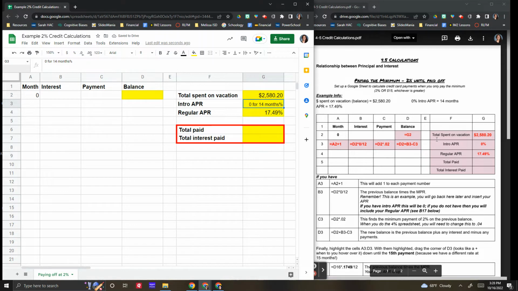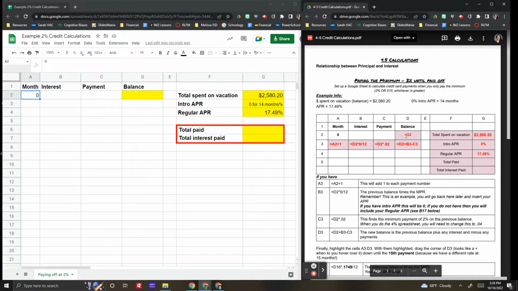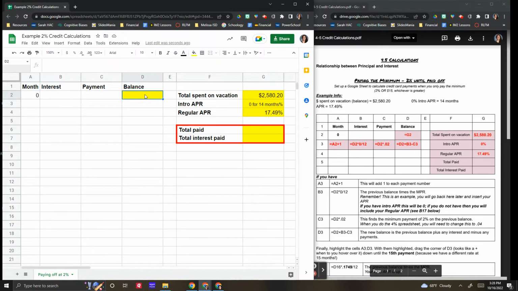As I look at that, I'm guiding along here. First off, we need to go into cell D2, this yellow cell, and put in the balance. Equals is our best friend in Sheets, and it's equal to G2.